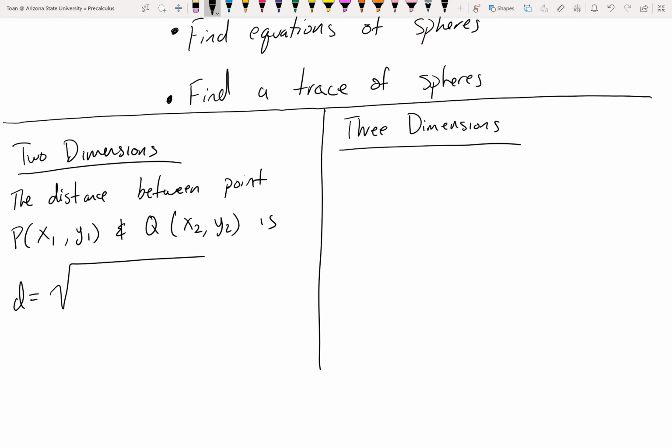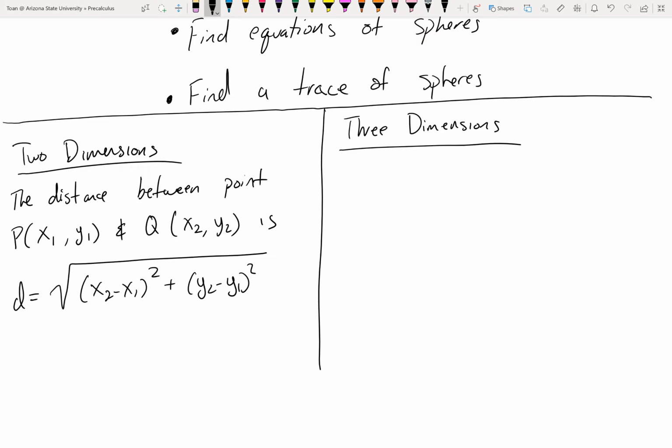It's just Pythagoras' theorem: the difference in x squared plus the difference in y squared. And what comes first, the x sub 1 or the x sub 2, technically doesn't matter since we're squaring it, but just to make things consistent, it's always final minus initial.